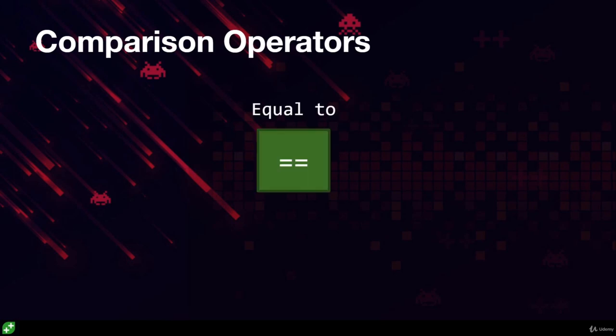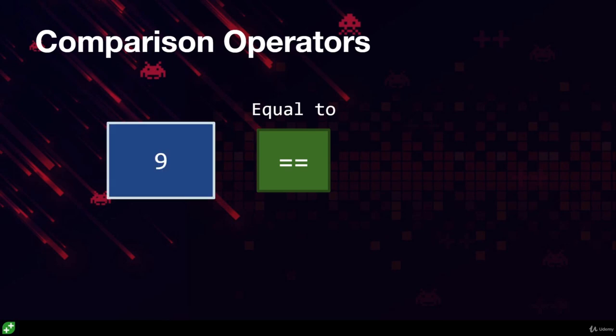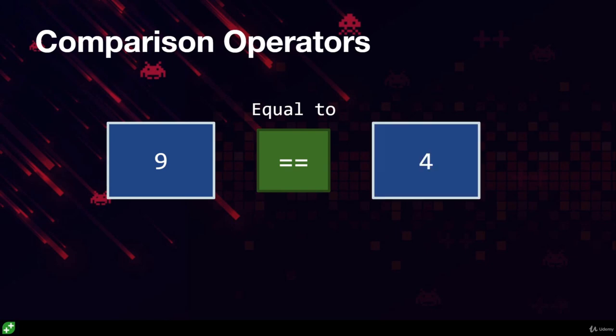To start, have a look at this comparison operator. It's called equal to, and it looks like two equal signs. The equal to operator takes the value to the left and compares it to the value on the right.